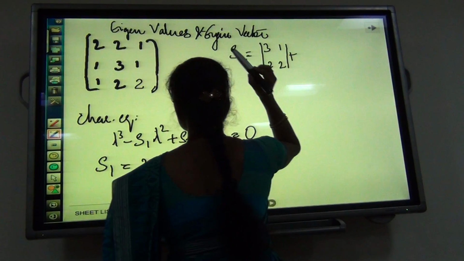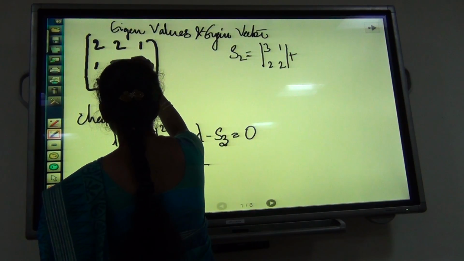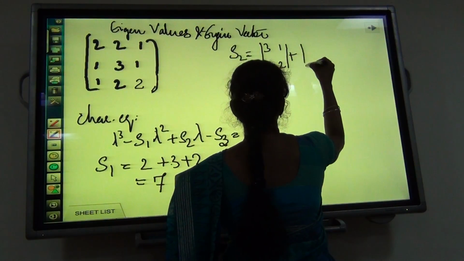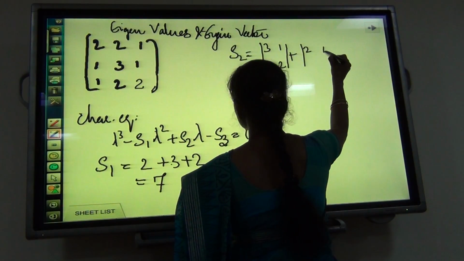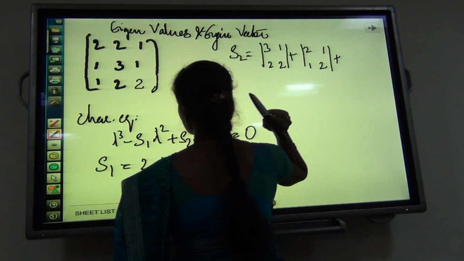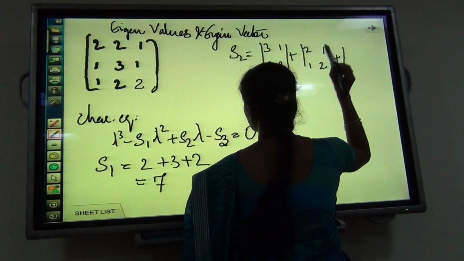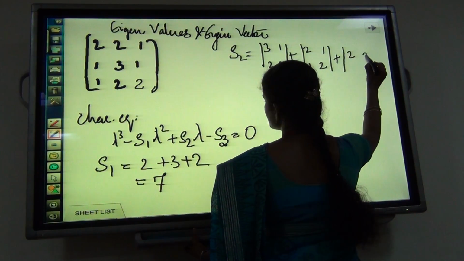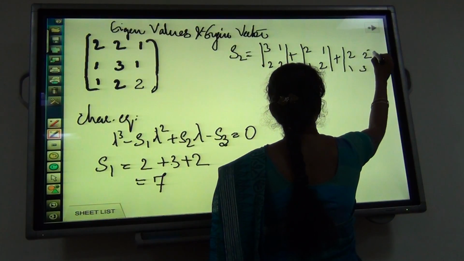The second leading diagonal element is 3. If you remove its row and column, you get 2, 1, 1, 2, the submatrix of the second leading diagonal element. Similarly, the other minor matrix is 2, 2, 1, 3.